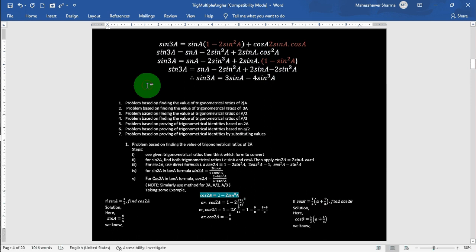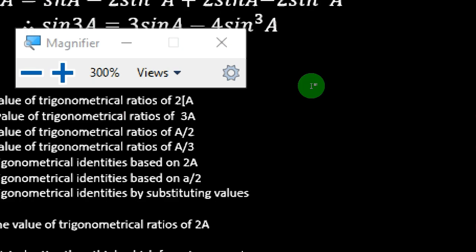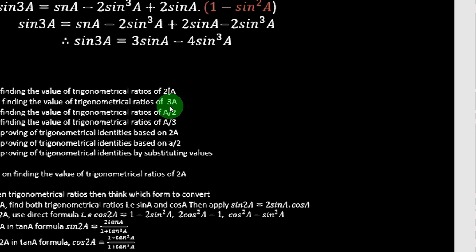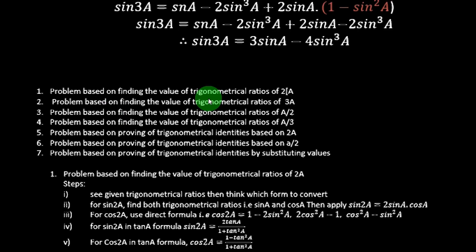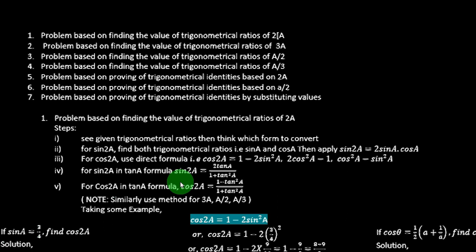Now I will just zoom a little bit. Problems based on finding the value of trigonometrical ratios of what? 2A, 3A, and these are the multiple angle formulas. So first we will see how we'll solve the problem based on finding the value of trigonometrical ratios of 2A.